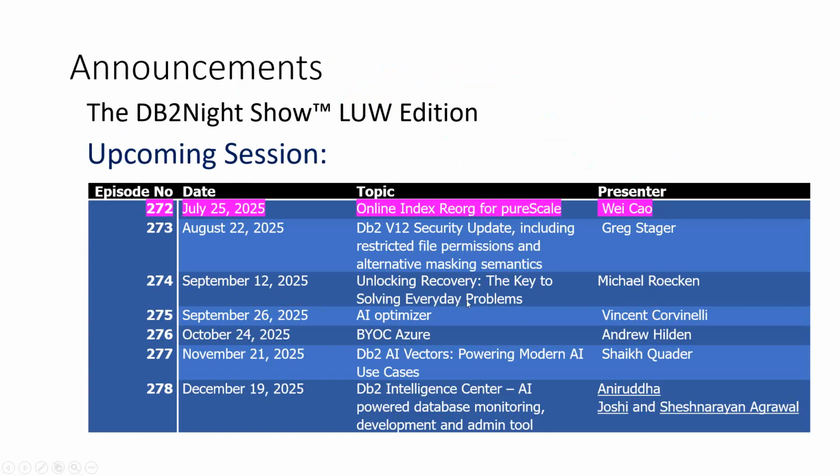Michael is coming back again to talk about recovery problems, everyday problems and solutions, and the AI optimizer. Then Bring Your Own Cloud for Azure, and AI vectors for AI. The last one is going to be the intelligent center for Db2. We have a lot of sessions coming this year. Be prepared to join as and when the link is posted.